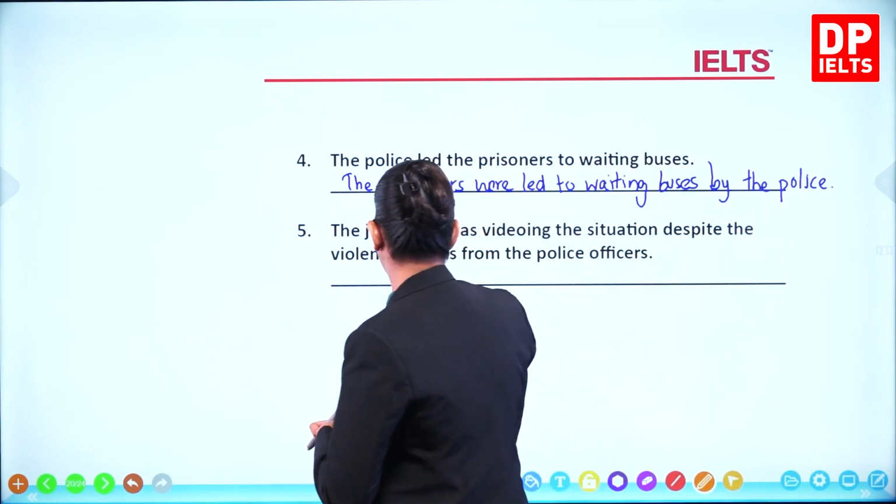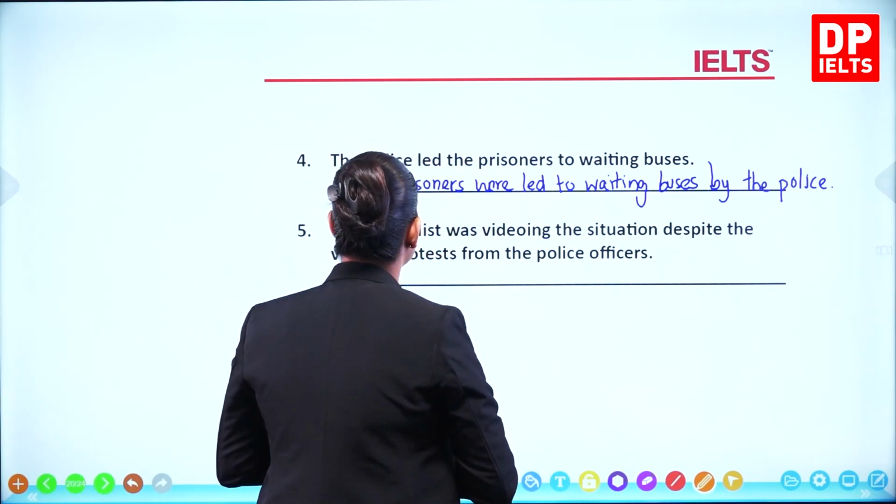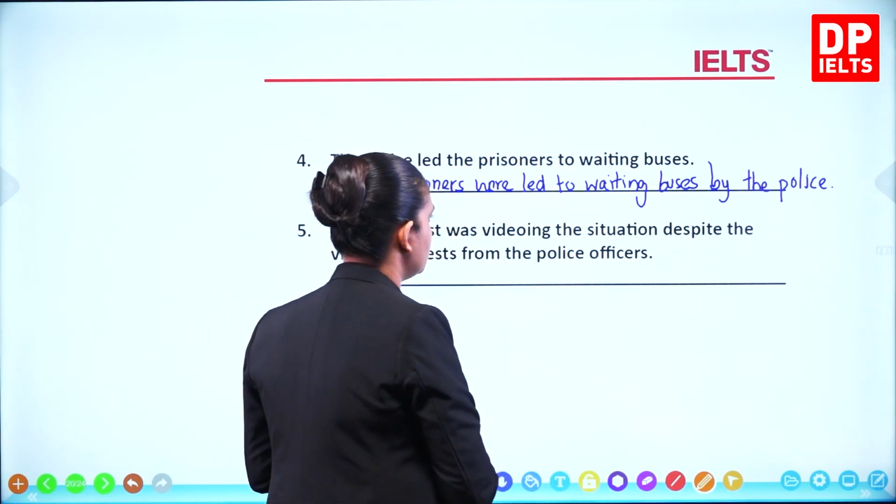And the last one, the journalist was videoing the situation despite the violent protests from the police officers.